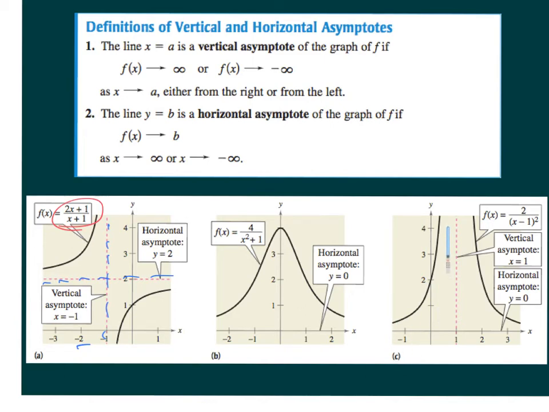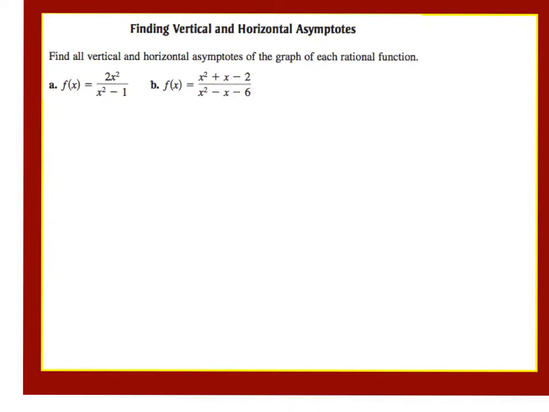It's above, so that's why it's curving upward. All right. How about 2? 2 would be to the right of x equals 1, would it not? So if I substitute in 2 here, what do I get? I get 2 again, right? So that would be hugging above. Find all the vertical and horizontal asymptotes, and we're going to actually sketch these.